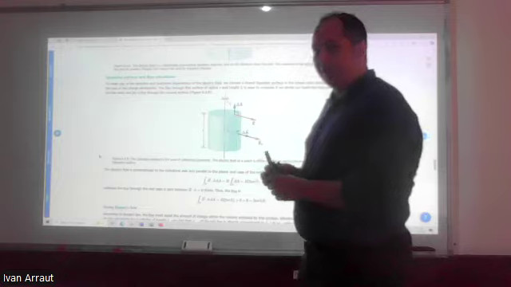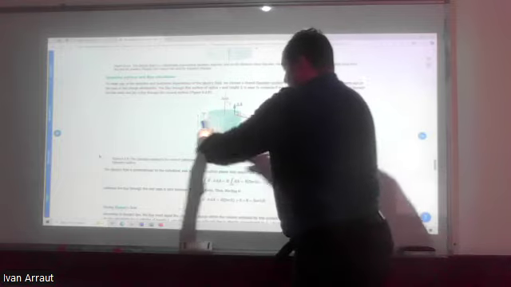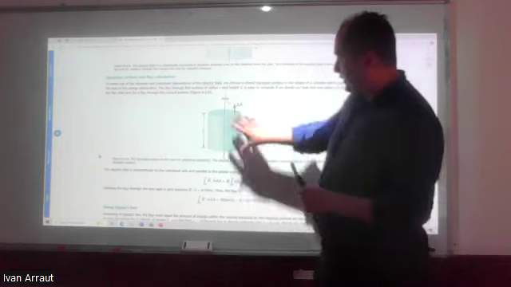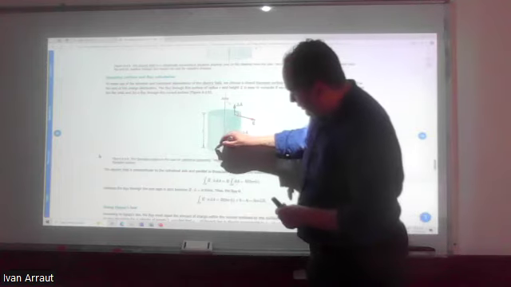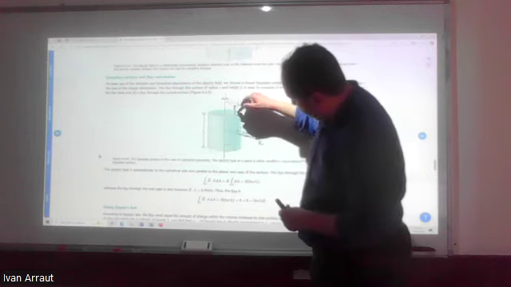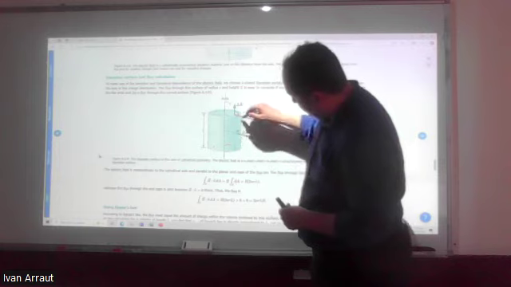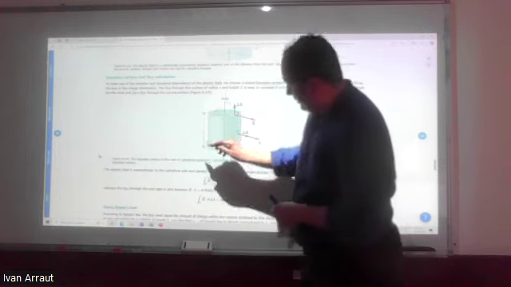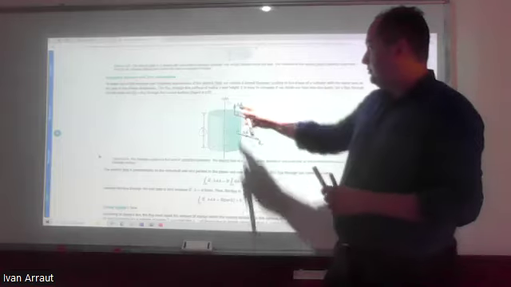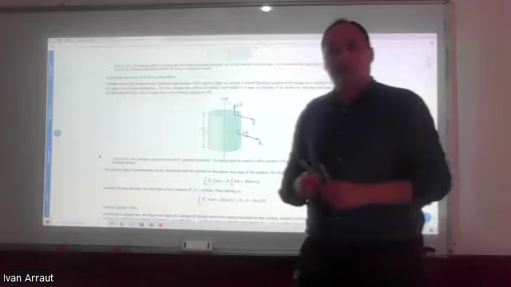And of course, the electric field will be radially going outside, just like the arrows here. Then the Gaussian surface is precisely this one, the one they painted here. A cylinder with an arbitrary length L, this is the length of the cylinder, and surrounding the charge.